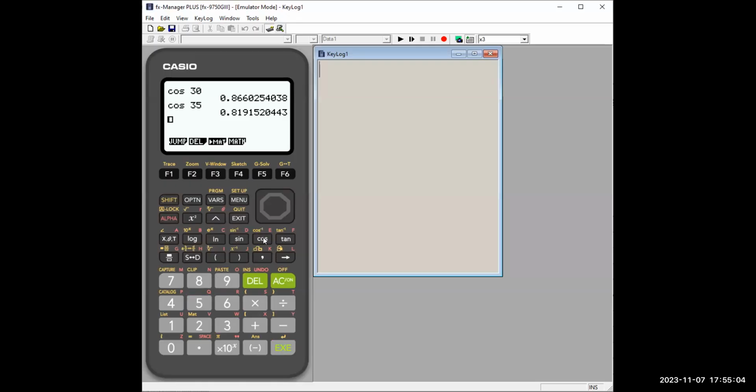So how about cosine of 40 degrees? Ooh, that's too small because we want 0.8. How about the cosine of 38 degrees? Oh, that's not big enough. We could be here all day long guessing.